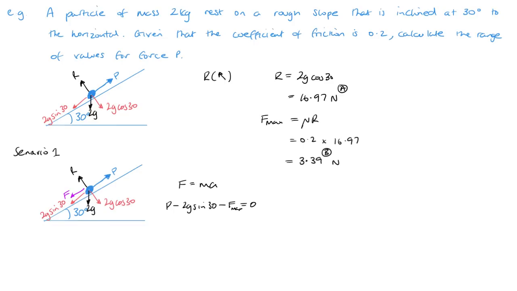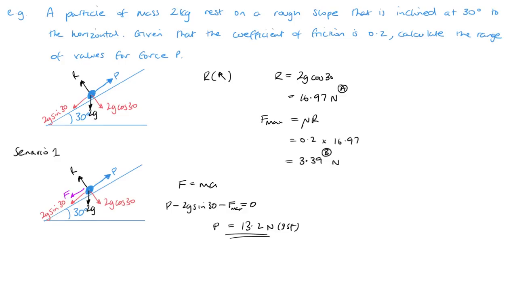This F will be F max. So P equals 2 times 9.8 times sine 30 plus my B, my F max. So P equals 13.2 newtons to 3 significant figures there.